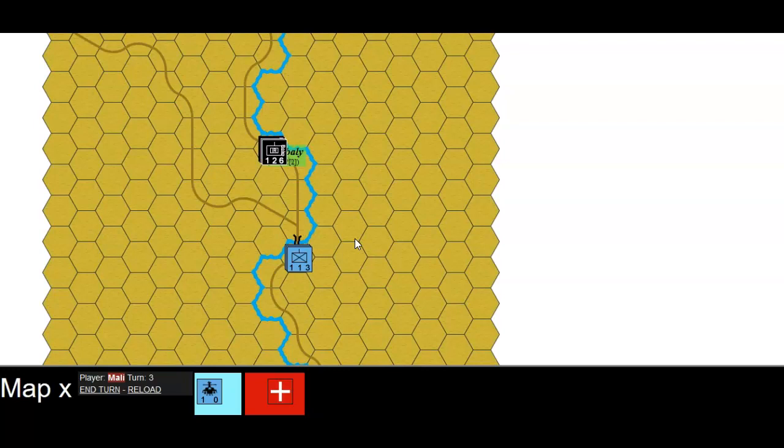Obviously we've got these helicopters that come in because they're written up in the description, and they don't really seem to do much, but we might as well give it a go.